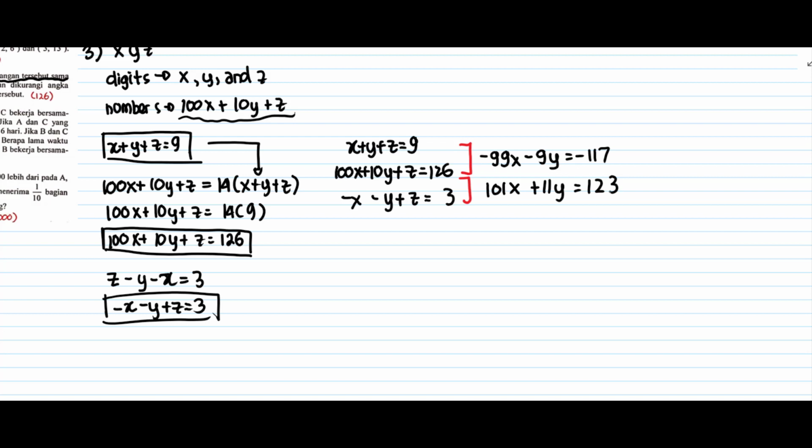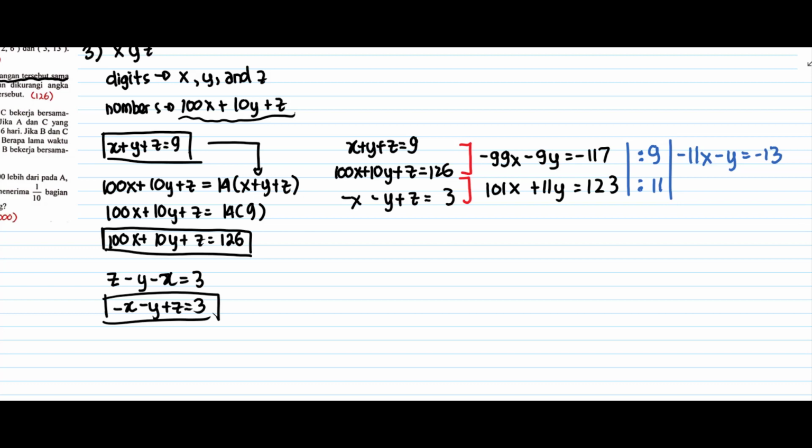Nah, yang atas kayaknya bisa dibagi 9 dulu, yang bawah bisa dibagi 11 ya. Jadi kita coba kecilin dulu, bagi 9 sama bagi 11. Bagi 9 jadinya minus 11x minus y sama dengan minus 13. Untuk yang bawah bisa dibagi 11 nggak ya?